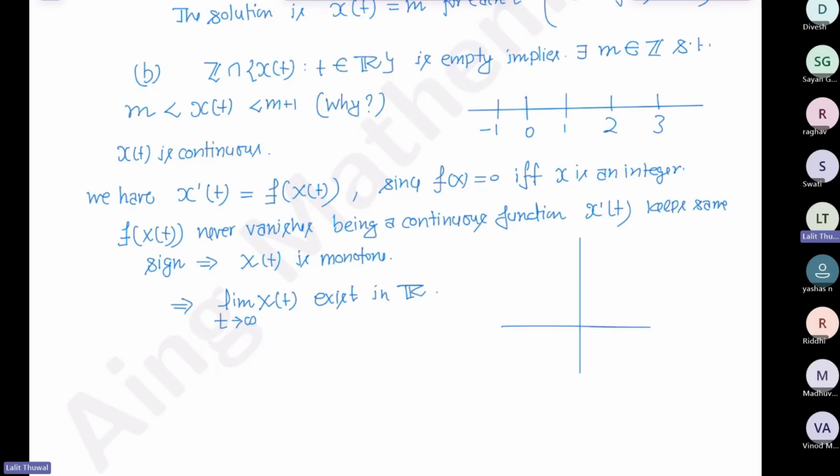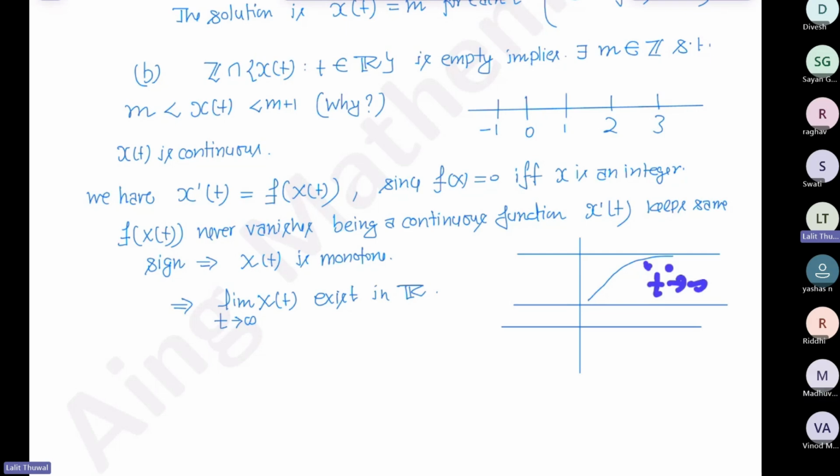Suppose that you have a monotone function and its graph is always between these two lines. Something like this, it may be monotonically decreasing and so on. So as t tends to infinity, where should the derivative go? What this graph is giving you is information about the limit of the derivative.